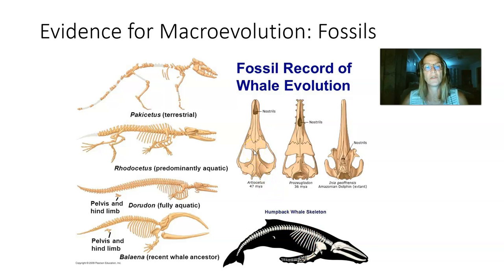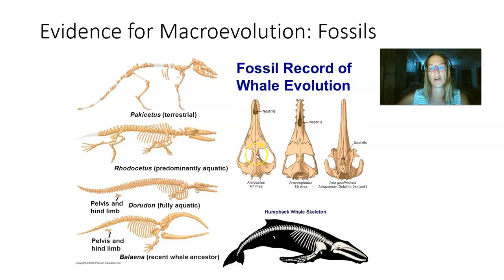Here we also see the evolution of the skulls of ancestors of cetaceans. Our best guess is that this species right here is one of the early ancestors of cetaceans. What we're really looking at is where the nostril is. The nostril was faced towards the front, as in most terrestrial organisms.